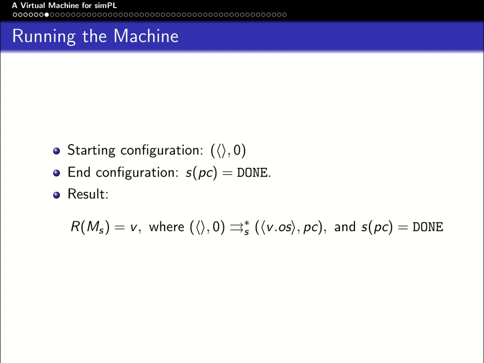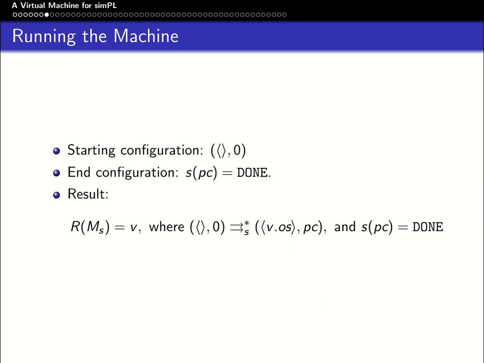So S(PC) is done. That's when the machine stops. The machine will keep going and executing instruction by instruction. At some point, the current instruction becomes done and the machine stops. And the result is whatever is at the top of the stack in the end configuration.